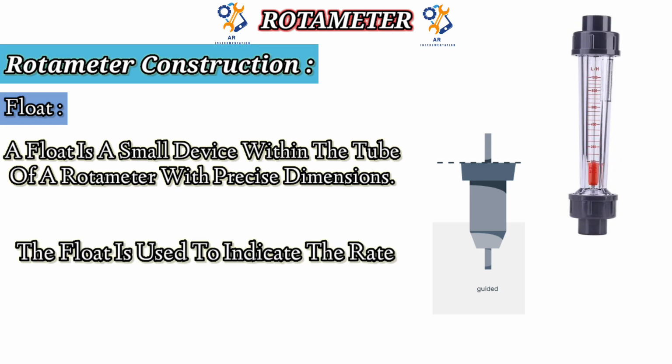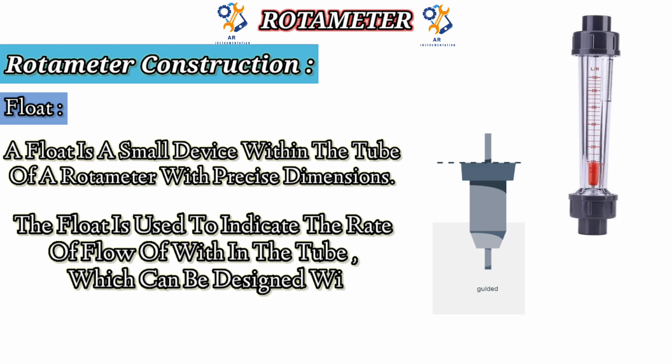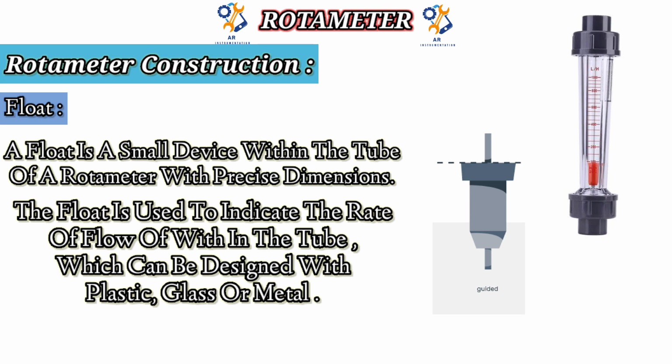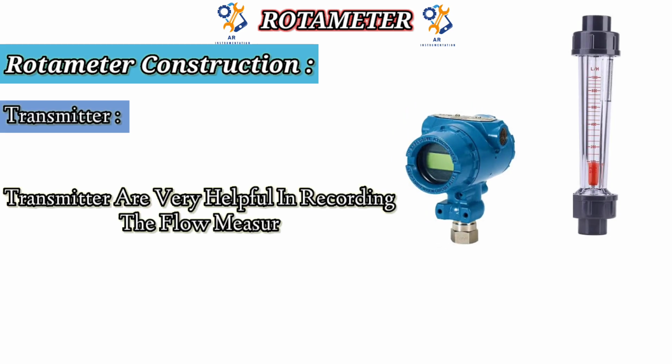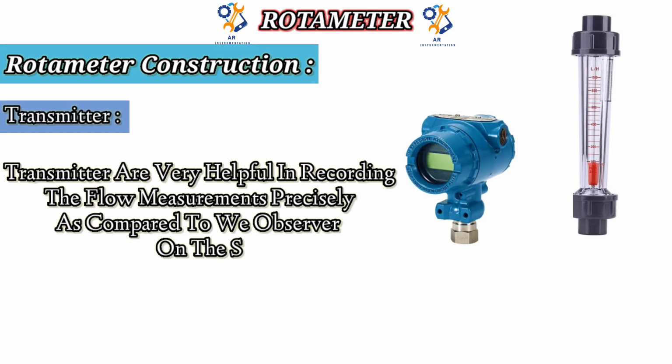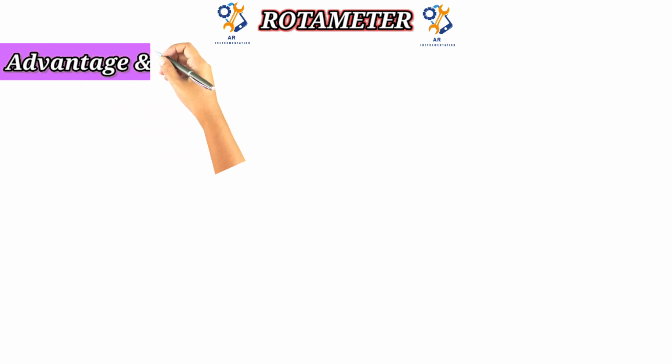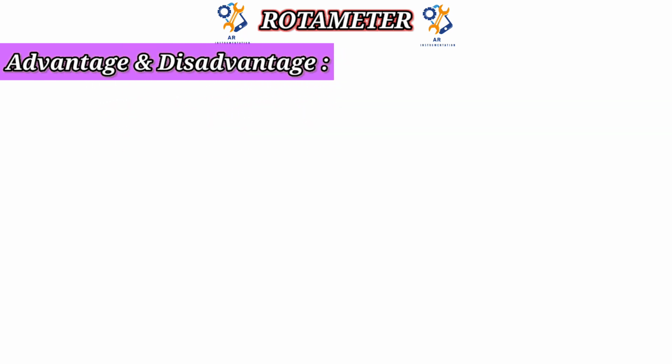The float is used to indicate the rate of flow of liquid within the tube, and can be designed with plastic, glass or metal. Transmitters are very helpful in reading the flow measurements precisely as compared to observing the scale directly.